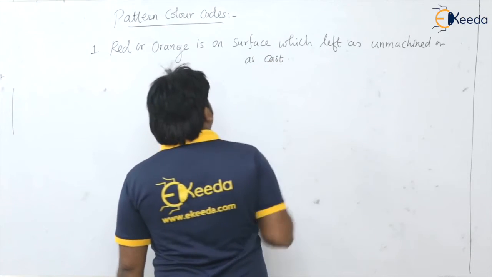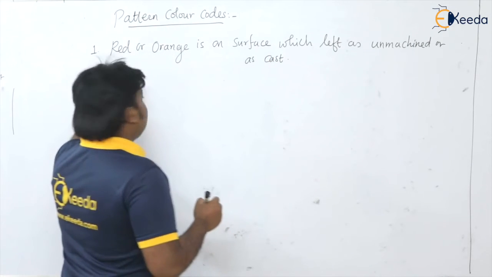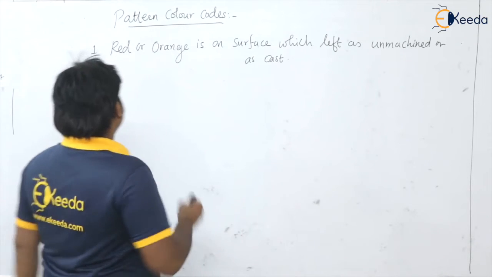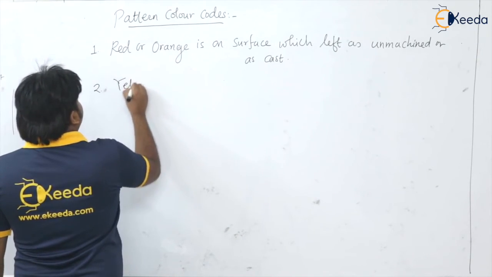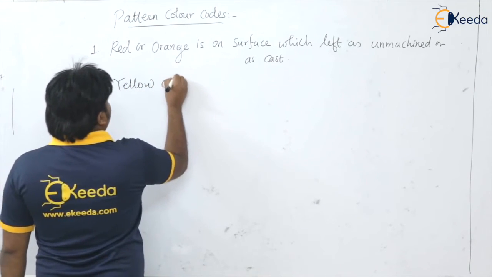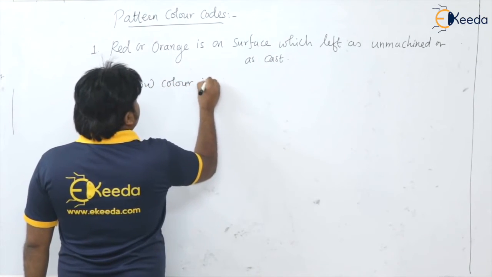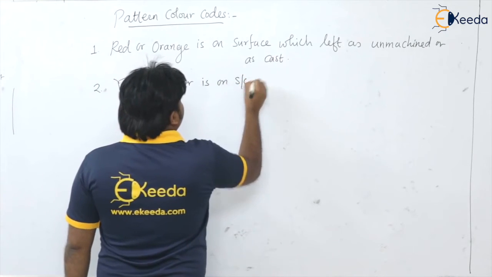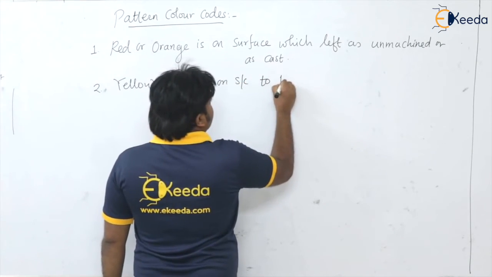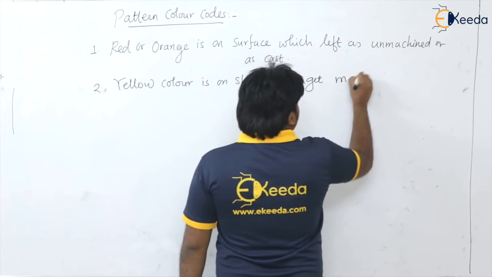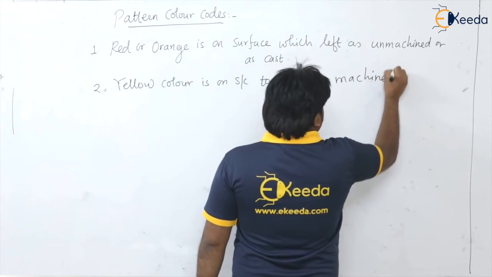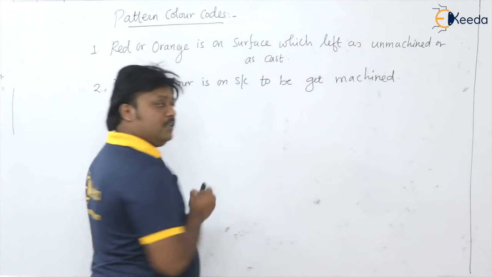We are not doing any machining on the surface which will be painted with the red or orange color. Next we have the yellow color on the surface to be machined. We are using the yellow color.